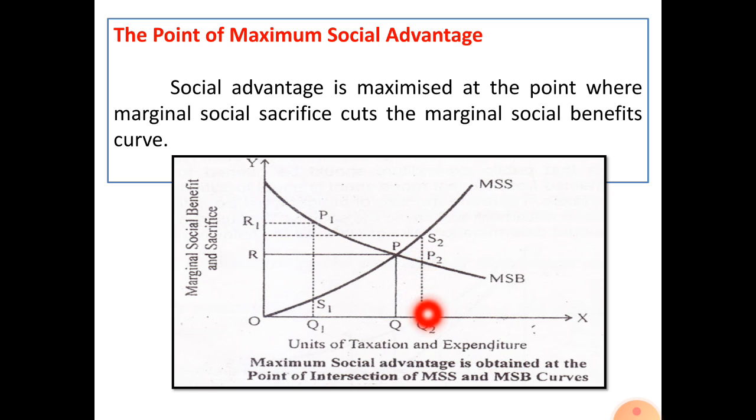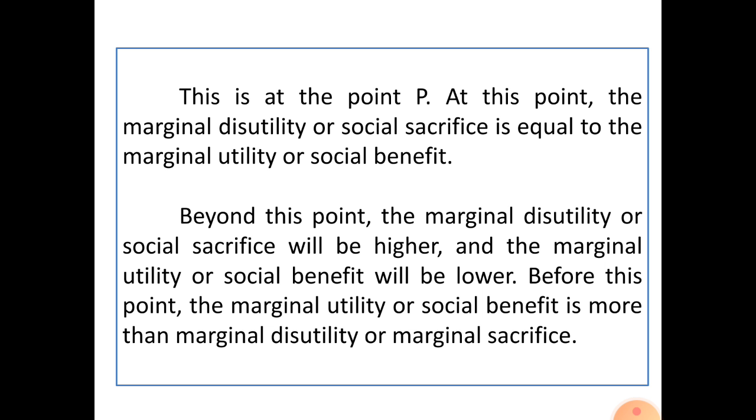This is S2 and P2, this is Q2. Whenever we are beyond this point or before this point, marginal utility is nothing but the social benefit, and marginal disutility is nothing but the marginal sacrifice.